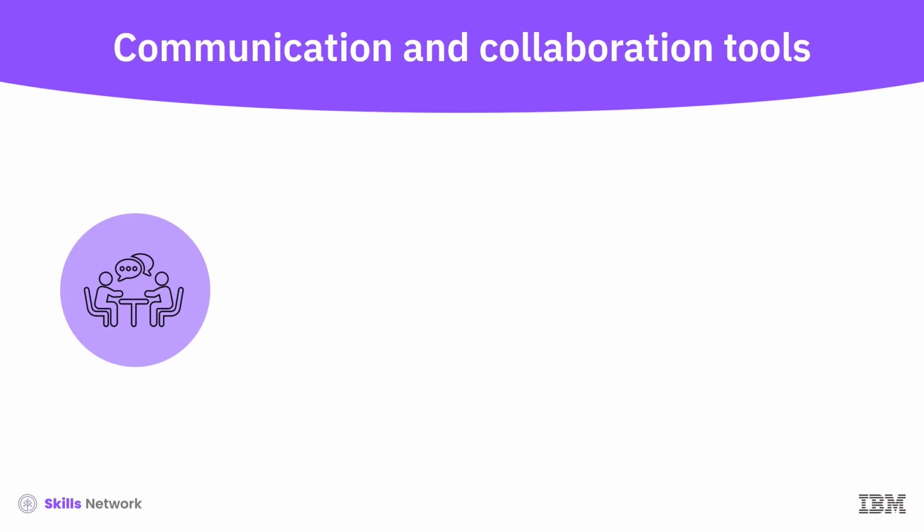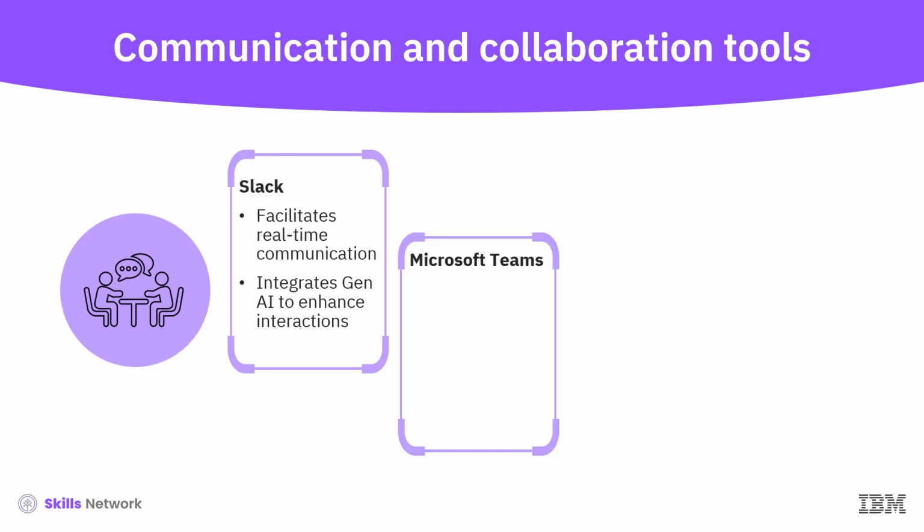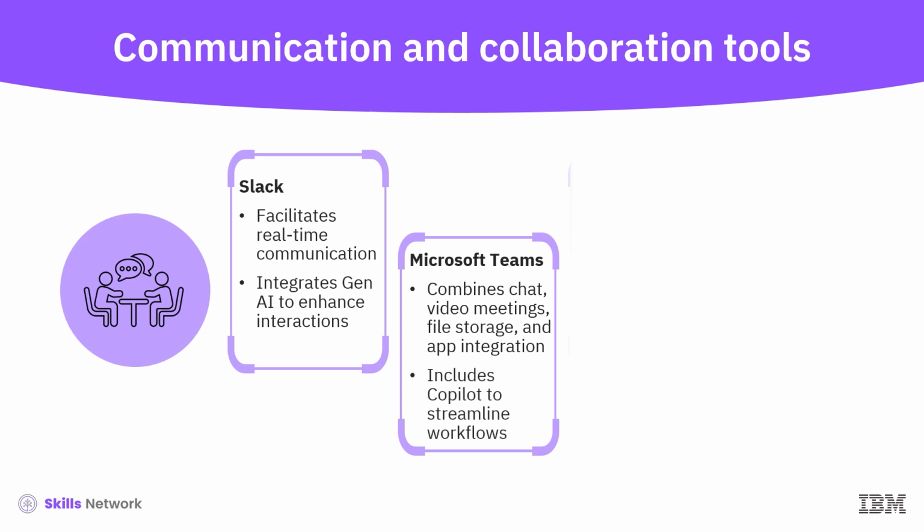Next, communication and collaboration tools play a crucial role in ensuring seamless communication. Slack, a messaging platform, facilitates real-time communication with channels, direct messages, and file sharing. It integrates Gen AI through Slack GPT to enhance interactions and automate tasks. Microsoft Teams combines chat, video meetings, file storage, and app integration with Copilot AI to streamline workflows and boost productivity, particularly for Microsoft users.